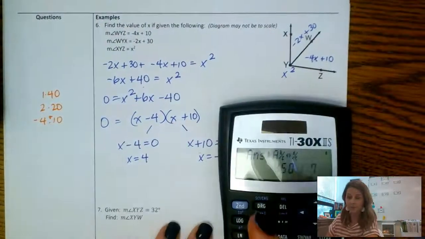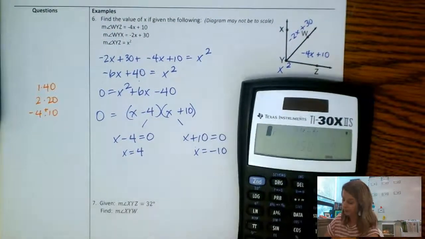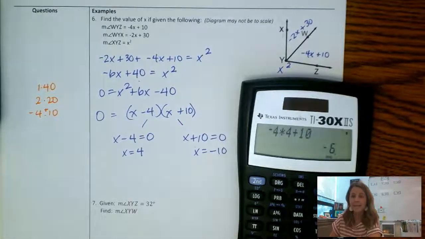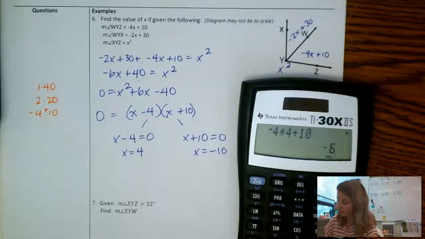If I substitute 4 over here, negative 2 times 4 plus 30, that seems to work there. Negative 4 times 4 plus 10. Ooh, I get a negative 6. So looks like I'm probably going to throw that out. Let's test out negative 10.